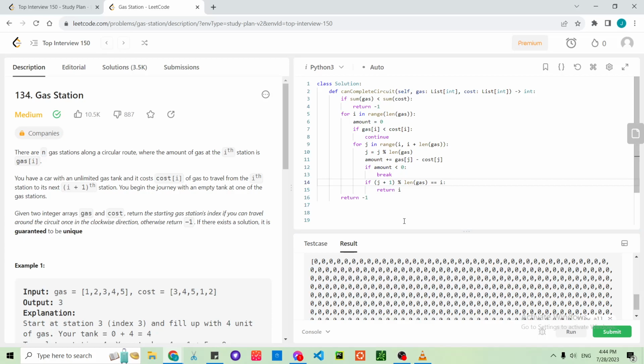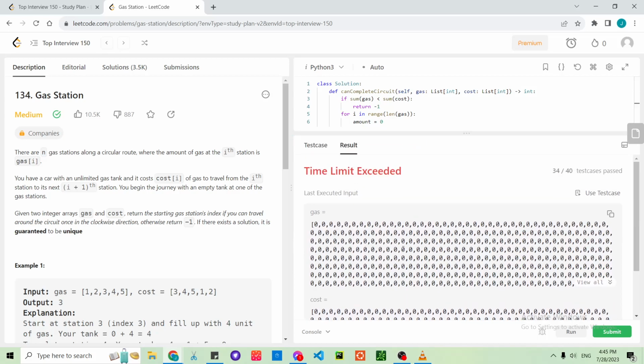At least we have a solution that seems to be working. It's already been 20 minutes. Alright, let's see. Gas station. So we have a bunch of 0.